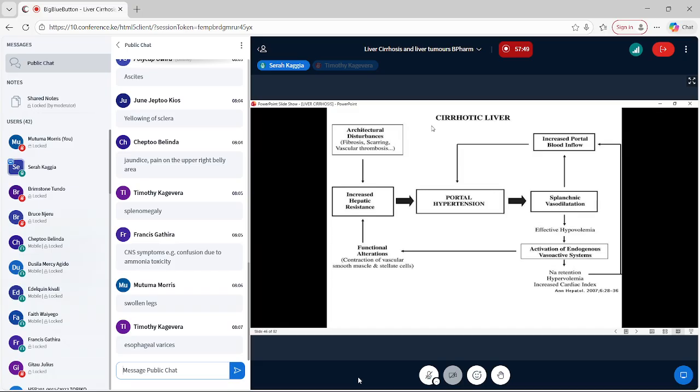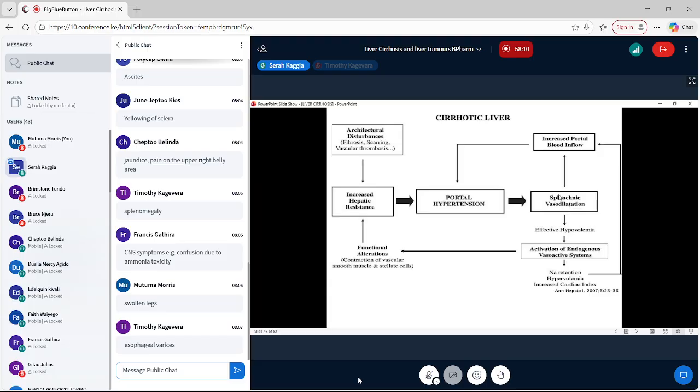So we have a cirrhotic liver, for example. Architecture has changed, causes increased resistance. Functional, where you have endothelial cells producing different chemical mediators. So there's increased vasoconstriction, increases the resistance. So you end up having the portal hypertension. In reaction to that, the portal hypertension also causes splanchnic vasodilatation.